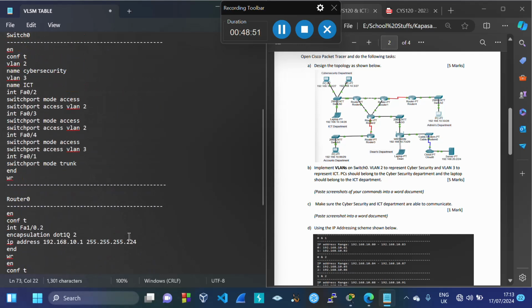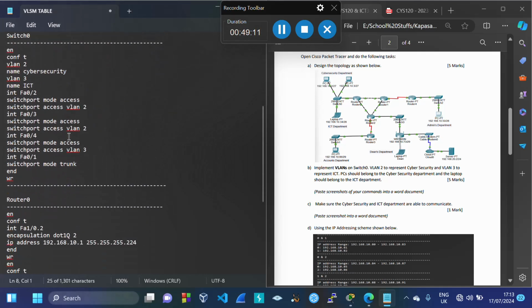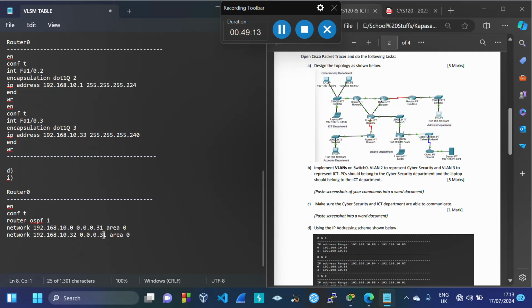Now for us to know the broadcast, we need to look at the /28 for ICT. So /28 has a block size of 16. So we need to say -1 for us to know the number of IP addresses we can broadcast. So 16 minus 1, we have a 15.